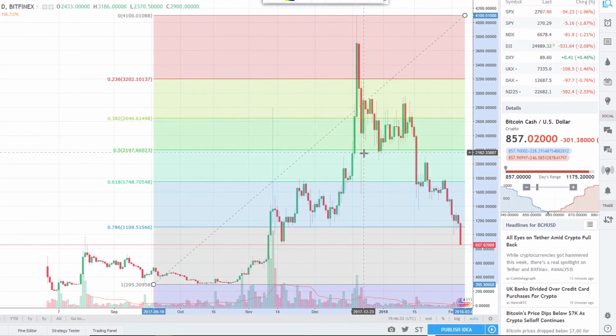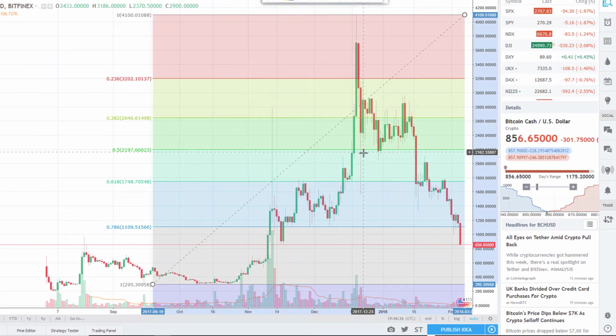Then did any of the other levels show up? Not really. Well, again, this is when it was going up. The 50%, no, this isn't the 50, sorry, it's the 61.8% retracement.